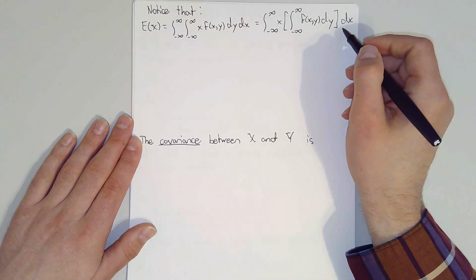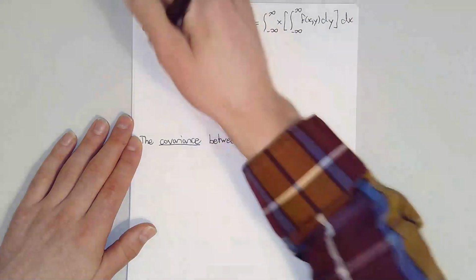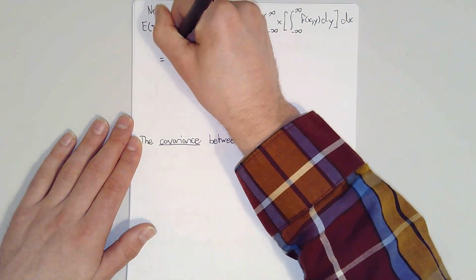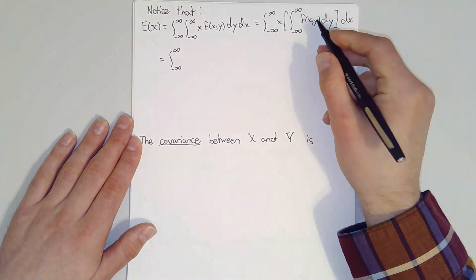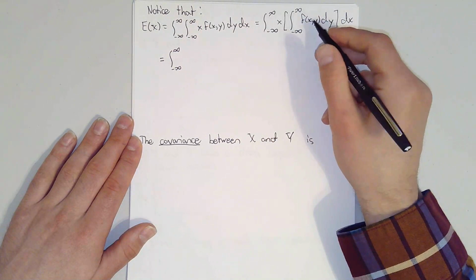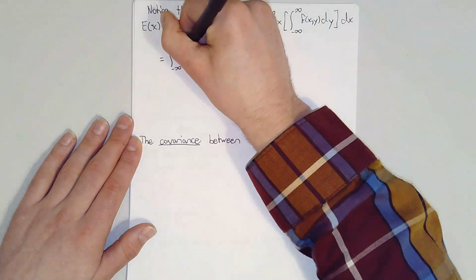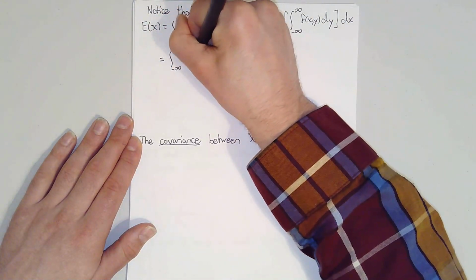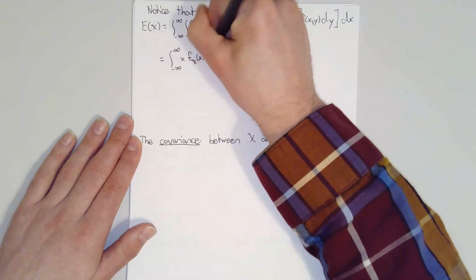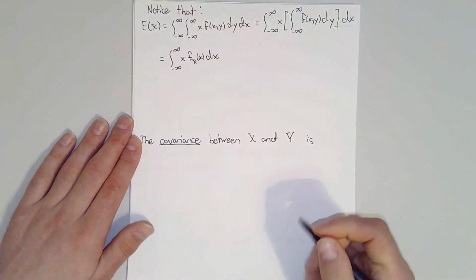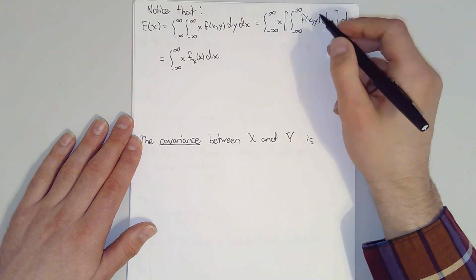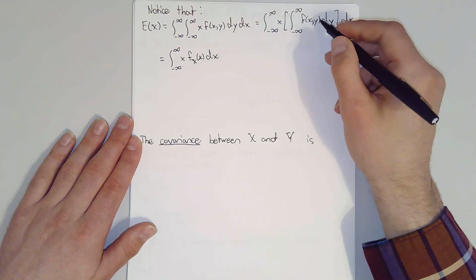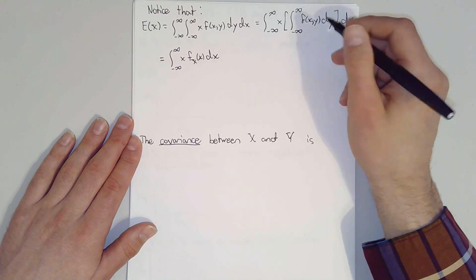The inside integral is by definition the marginal PDF of the random variable capital X. So this is just x f sub x dx. And to see this, in the inside integral your variable of integration is y. So therefore y is a dummy variable or variable of integration.